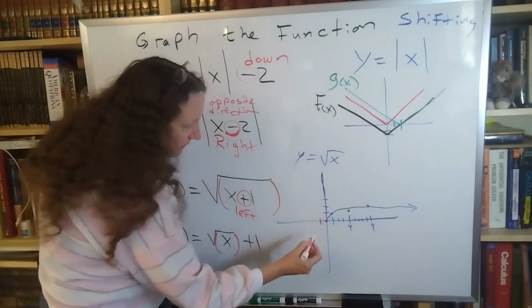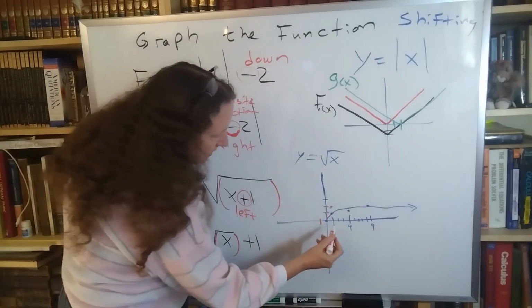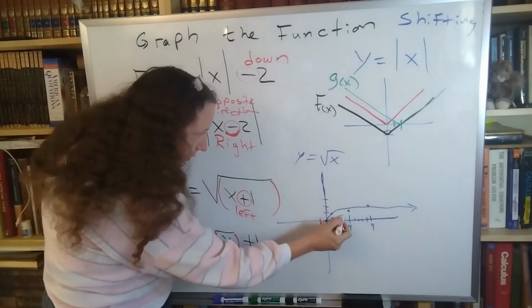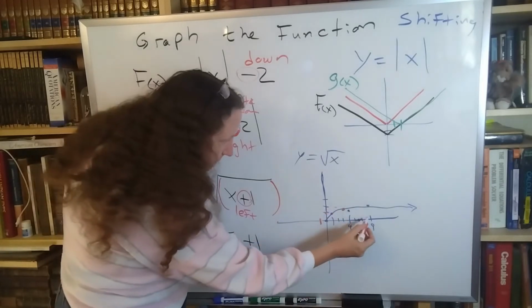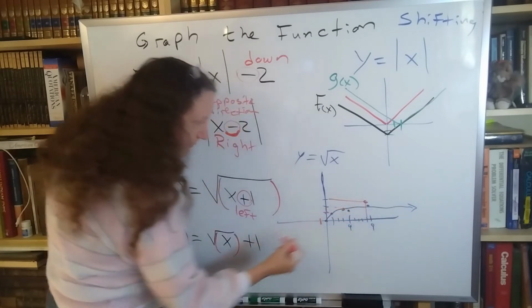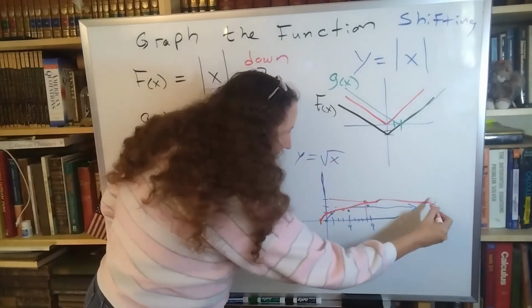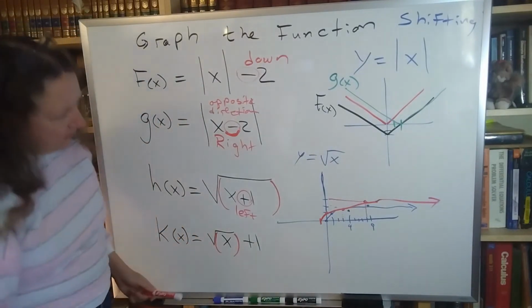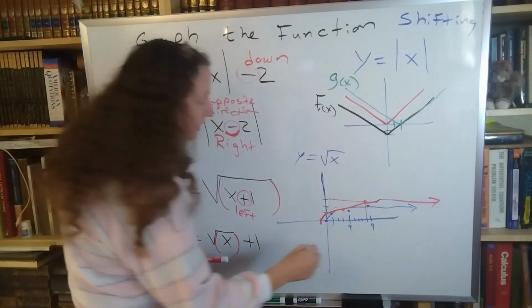So I have a dot there, I have a dot there, nope, that's not right, 1 space, so over 1, we put it there, and then 1 space over, put a dot there. So it goes up like that, and then it flattens out. And I did that wrong, because I am not very good as an artist.